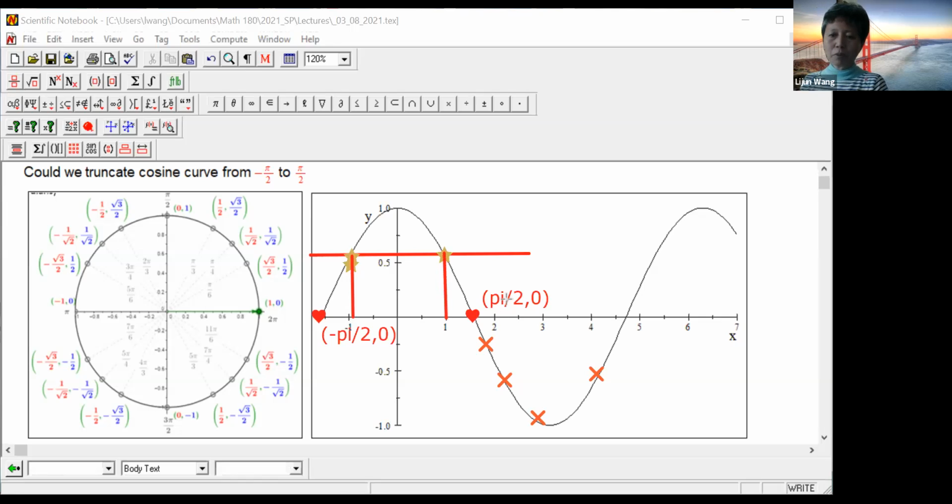Different input, same output. So this is not 1-to-1. I'm answering this question: it does not make a 1-to-1 function.